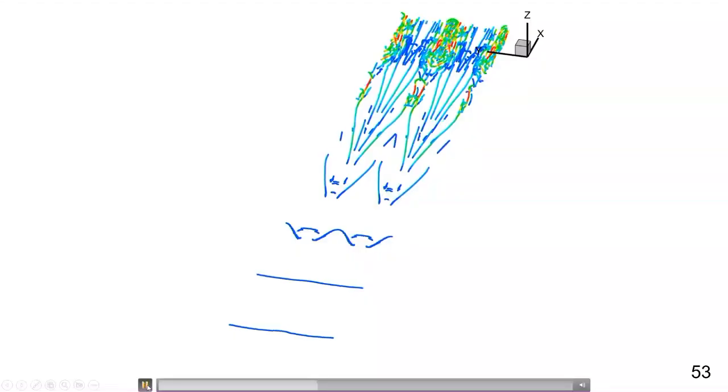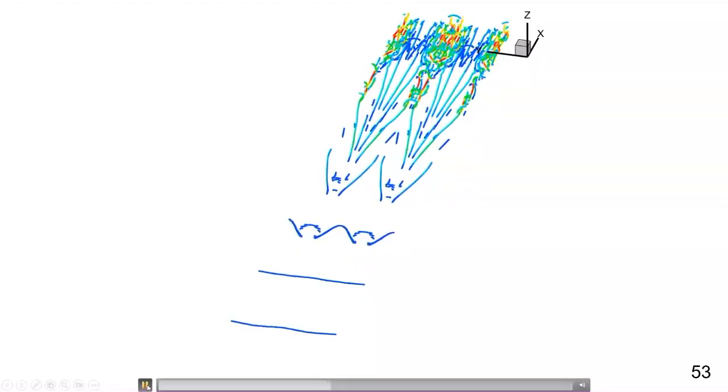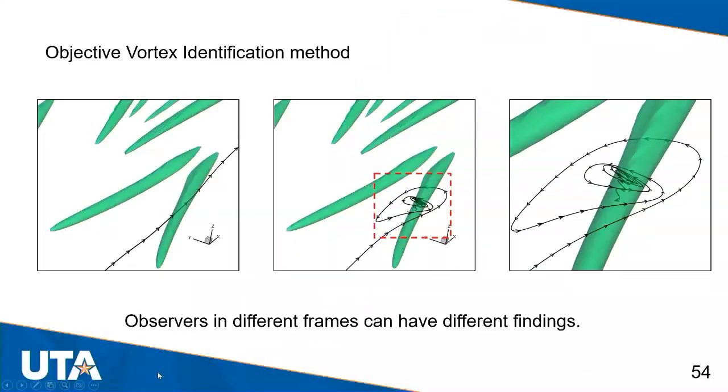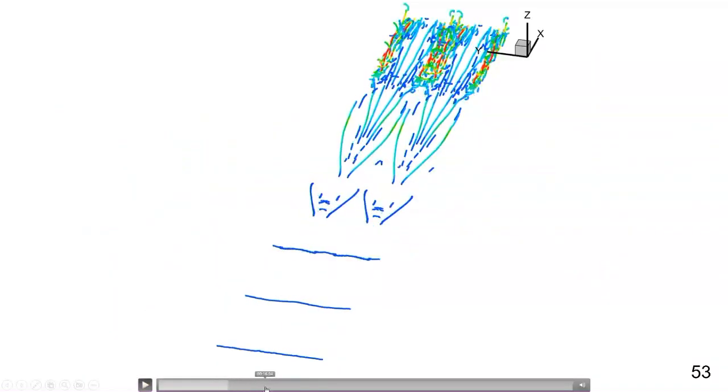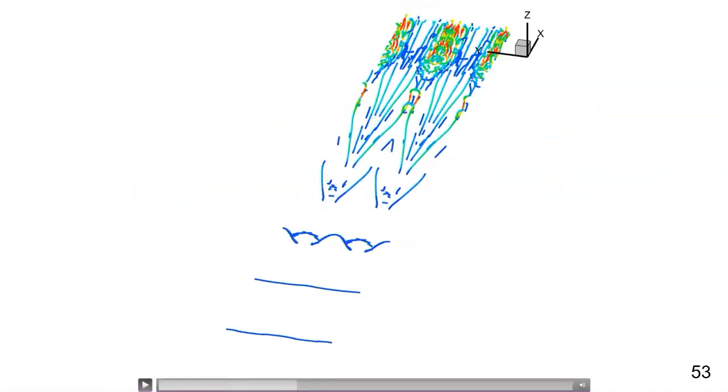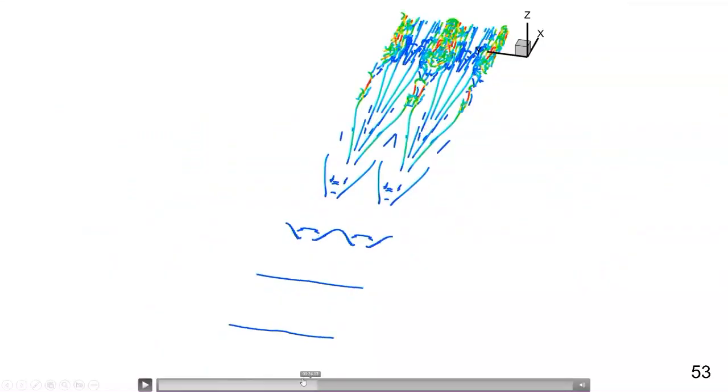So the middle part separates. Here, right? So these parts separate from this, and it goes up.